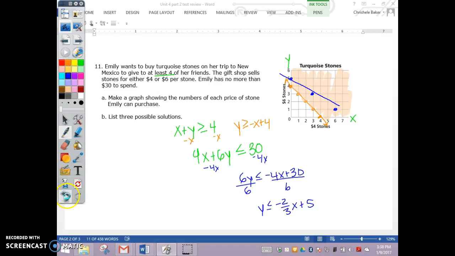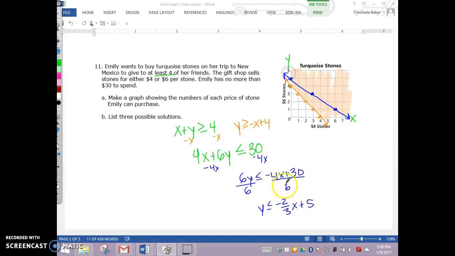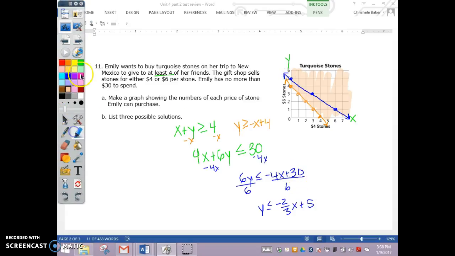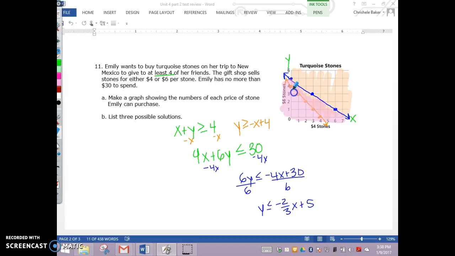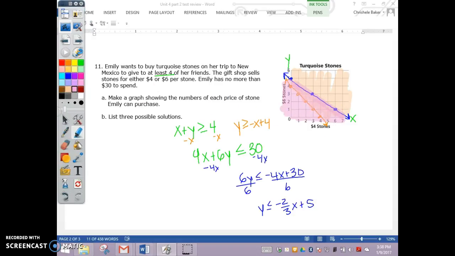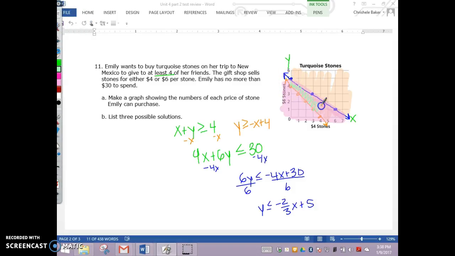No, they are not parallel. And we only have $30 to spend. So shading down. So there's our double shaded area right here. That represents what we can buy.